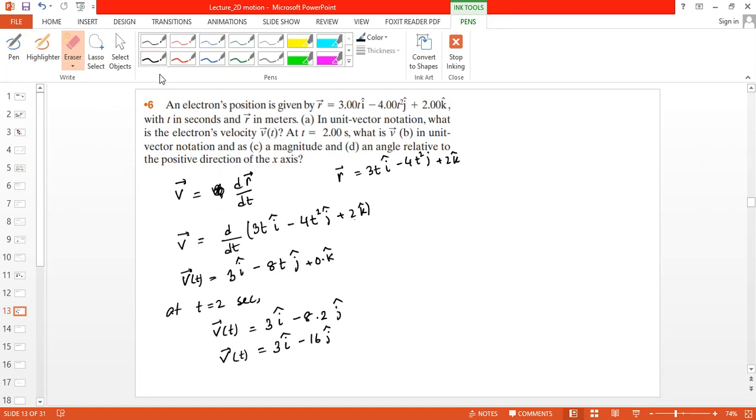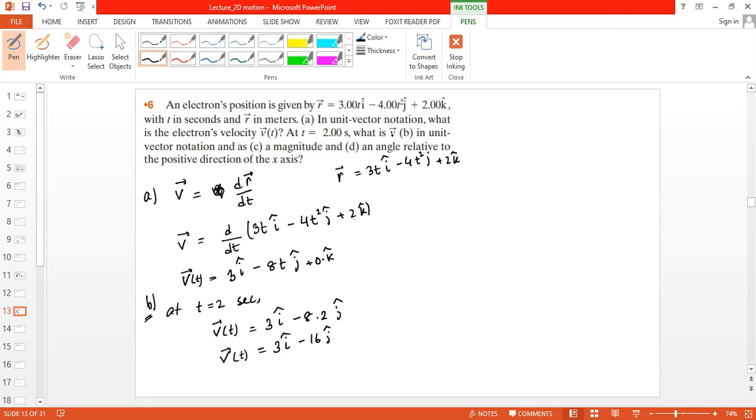That is this one. This is my part A. A is completed here. In A, they are just asking for the generic velocity. And in part B, they are asking me the velocity at time t equal to 2 seconds. So this is my part B. And in part C, they are asking me the magnitude and angle at time t equal to 2 seconds.